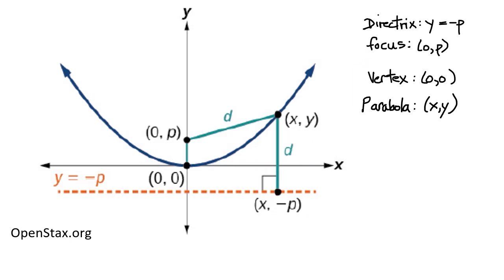In this diagram from OpenStax.org, College Algebra, the directrix has the equation y equals minus p. The focus, the point right here, is (0, p). The vertex is (0, 0). And any arbitrary point on the parabola is (x, y). So the point directly underneath is (x, minus p).